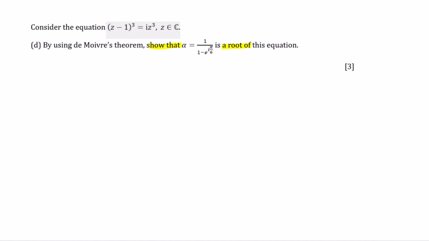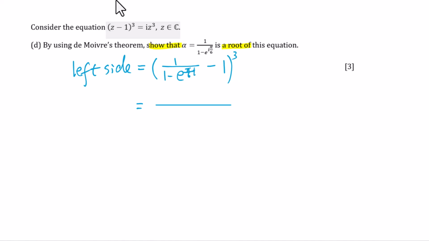What we have to do is the substitution. Left side equals 1 over 1 minus e to the power of pi over 6i, minus 1, to the third power. Denominator: 1 minus e to the power of pi over 6i.